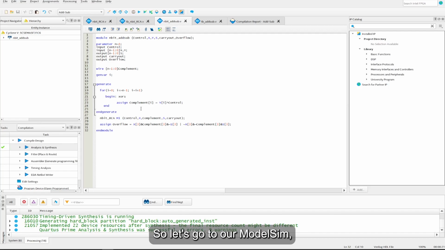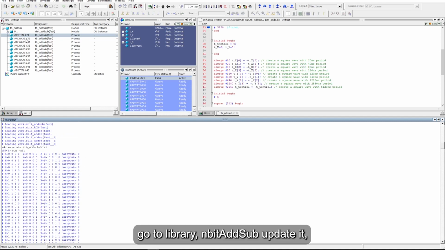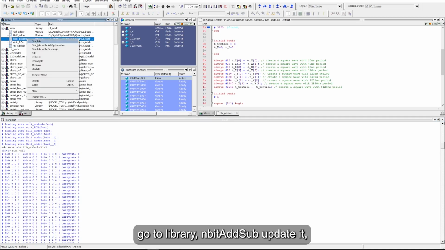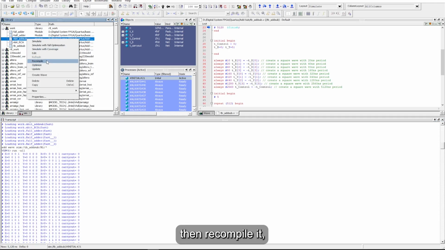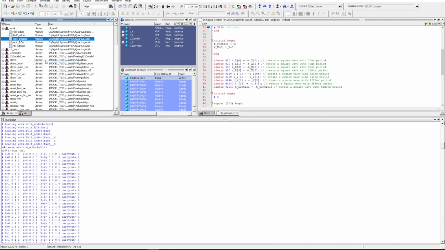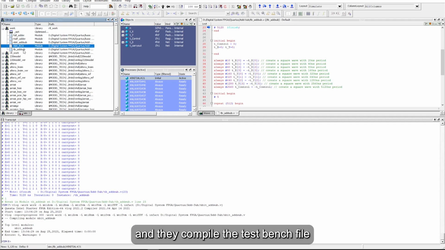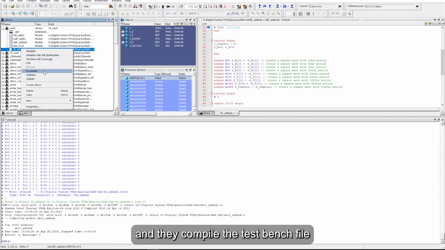Yeah, so let's go to our ModelSim. Go to library, nbit add sub. Let's update it, recompile it. And recompile the test bench file.